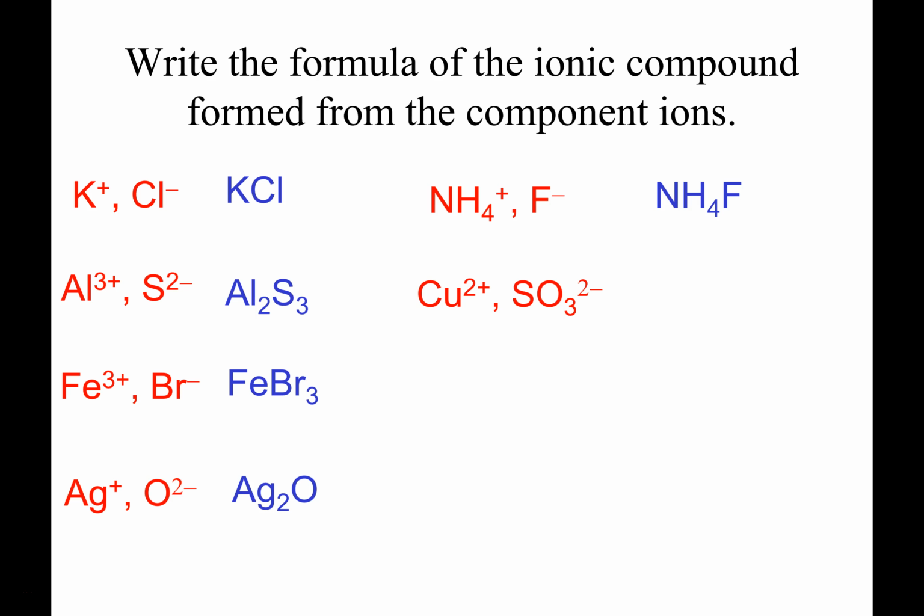Yep, Cu1SO31, or just simply CuSO3. Why is that? Well, actually, one of the rules that I had a minute ago said you write the formula in the lowest form. So if we crisscrossed, we would get Cu2 SO3 2 if we crisscrossed.